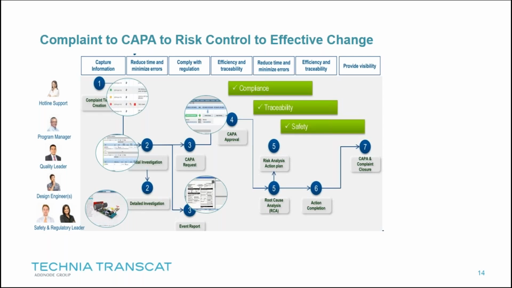When the first initial details have been completed, or as part of that, the team will determine whether a CAPA will be required. And here we have a two-step process. This might either be a qualification on the CAPA request, or we go directly and set up the CAPA, initiate the CAPA.